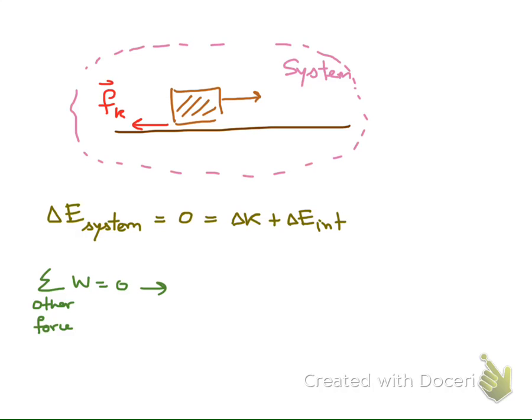So from the previous slide, we must have that delta K is equal to minus FkD, which means that if we combine these two equations, we have that FkD is equal to the change of the internal energy.